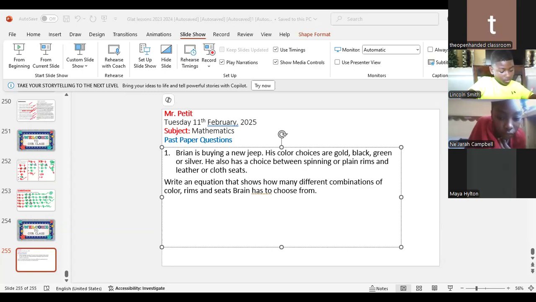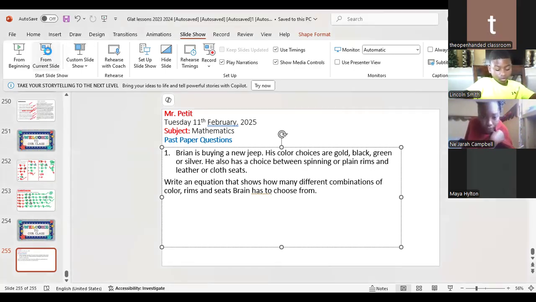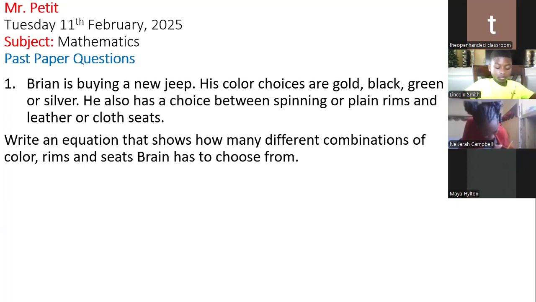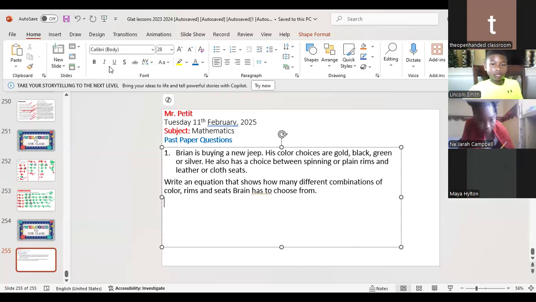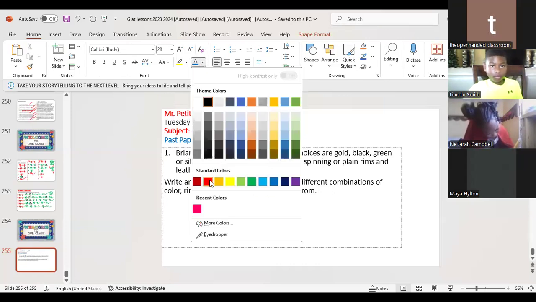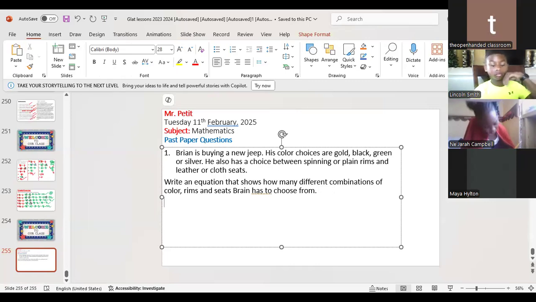So we have to look at the different choices that he has. Let's look at the choices he has. How many colors does he have to choose from? Gold, black, green, and silver.